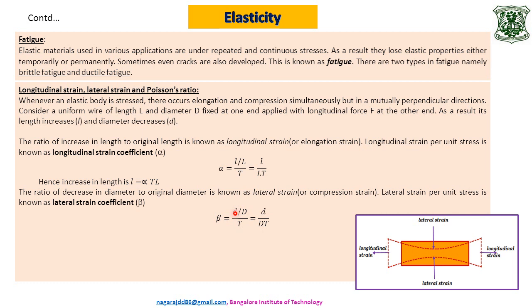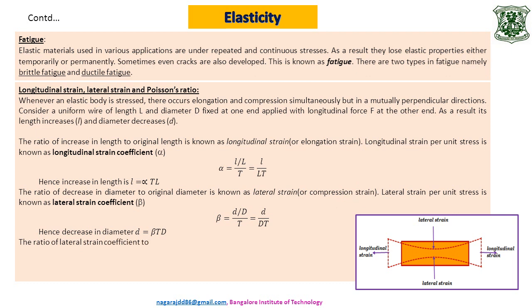That is change in the diameter to the original diameter per unit stress. The decrease in the diameter, small d, can be written as d = beta T D. So this is about two coefficients, alpha and beta. Alpha is elongation strain coefficient, beta is compression strain coefficient.